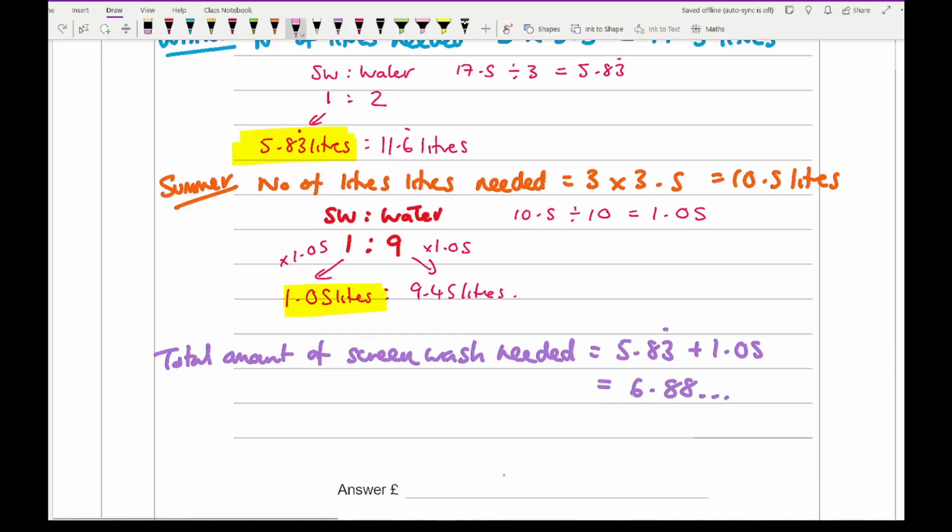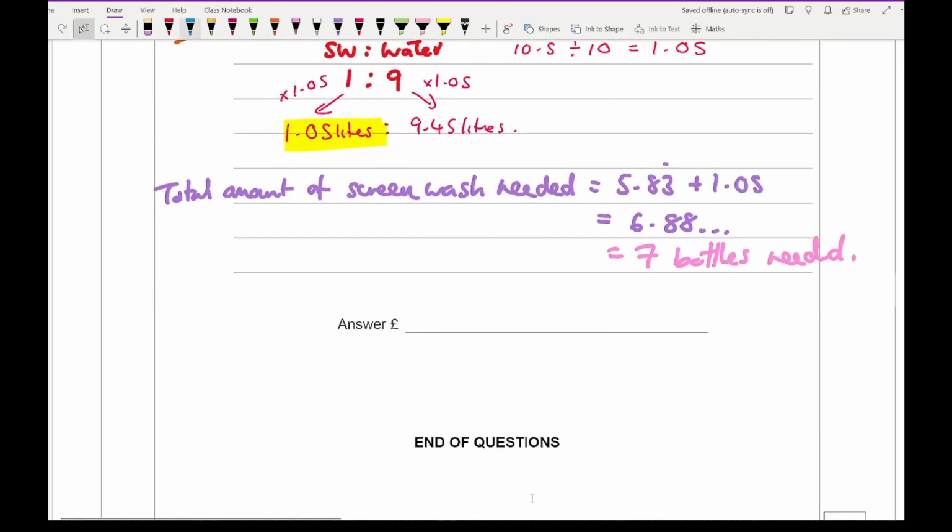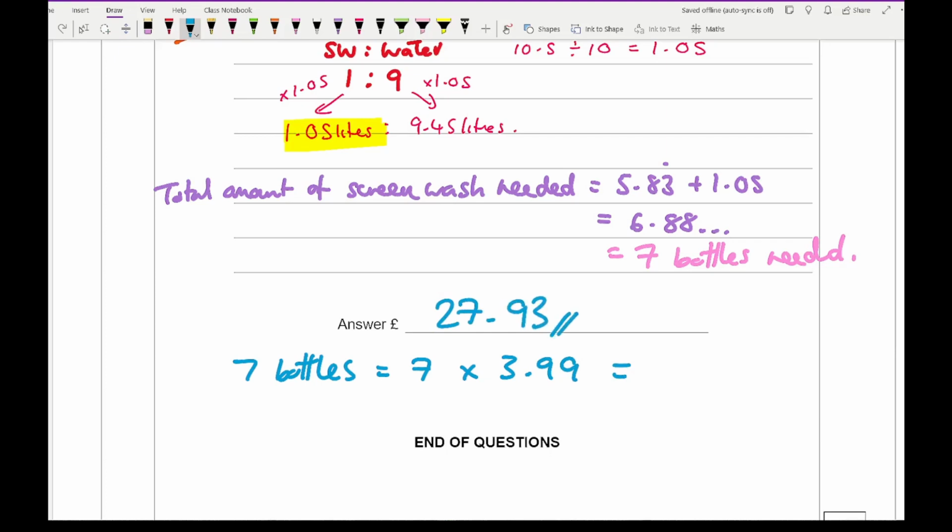So that means I'm going to need to buy 7 bottles. So 7 bottles needed. So then 7 bottles equals 7 times 3.99. So then all I've got to do is 7 times 3.99, and it gives me an answer of £27.93. And there we go.